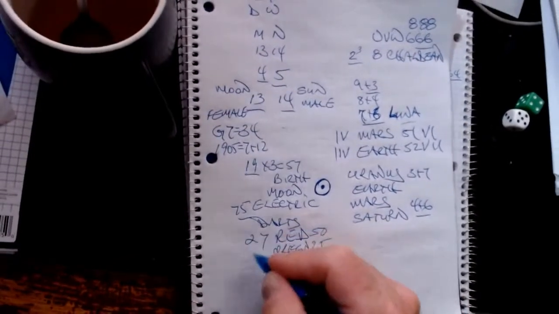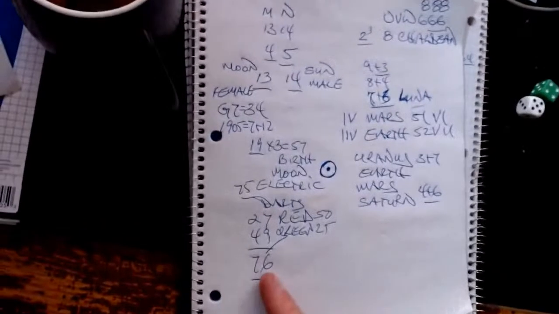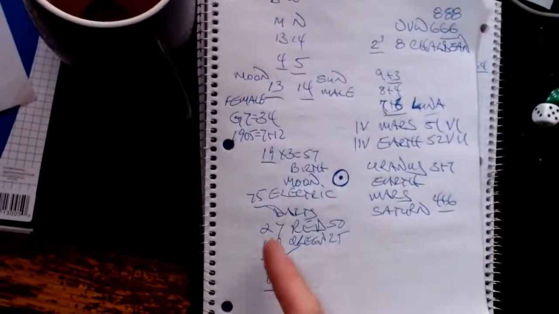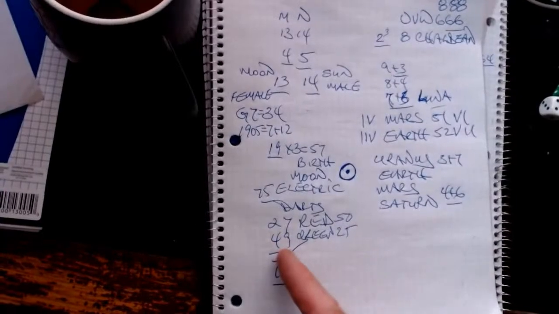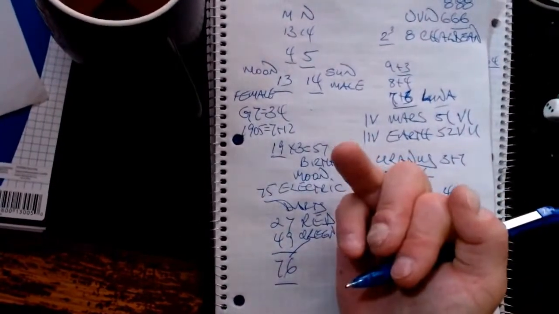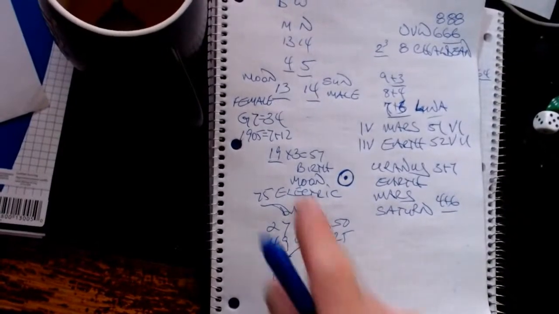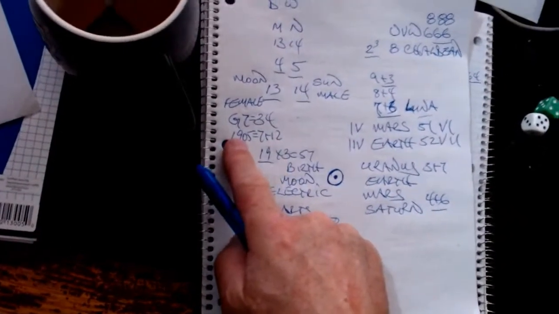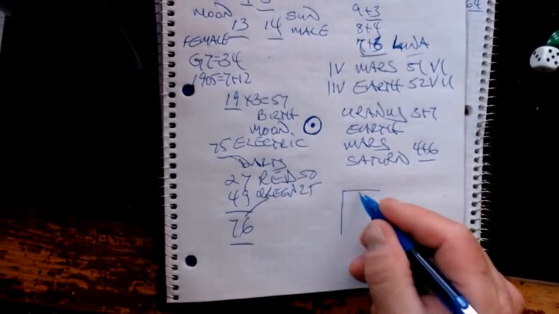In actuality, it's telling you about 76. 27 and 49, red 27, green 49. 4 and 9, 4th and 9th finger. I'm born in the mirror world. 13, the gateway in the moon into the E world. Why am I bringing 2 worlds together or connecting them together?